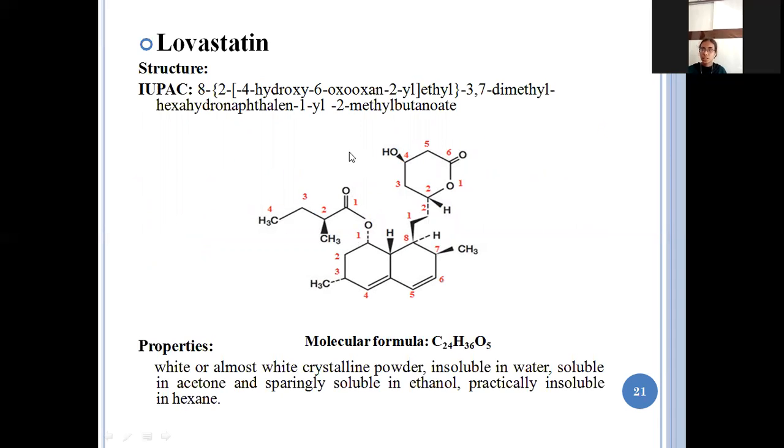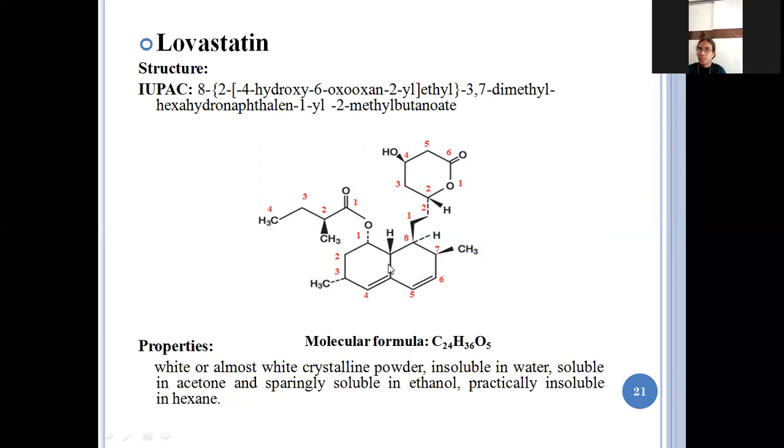This is the structure, and if you see the IUPAC name, 8-[2-(4-hydroxy-6-oxo-oxan-2-yl)ethyl]-3,7-dimethyl-hexahydronaphthalen-1-yl 2-methylbutanoate.